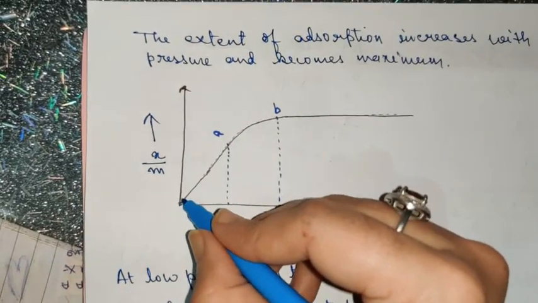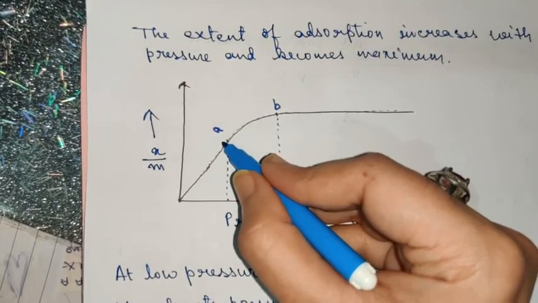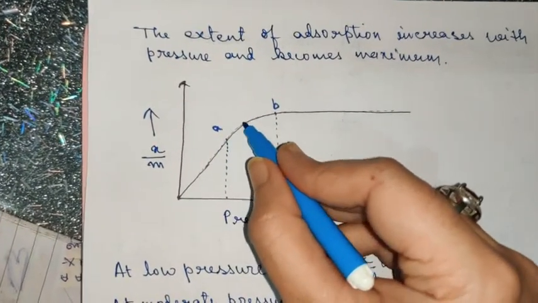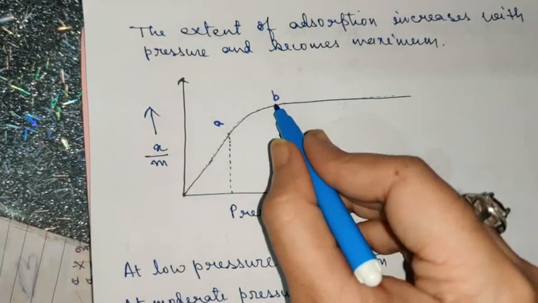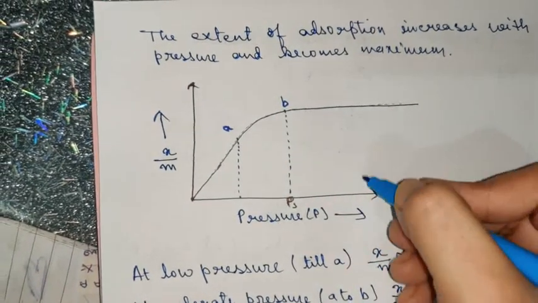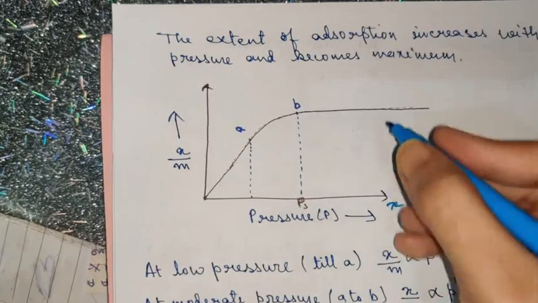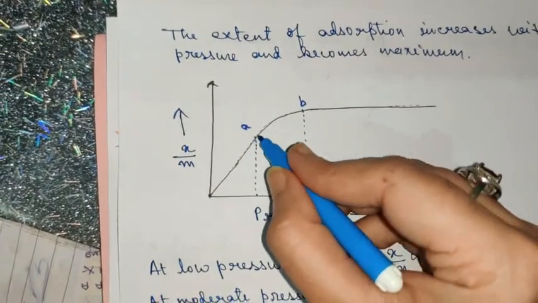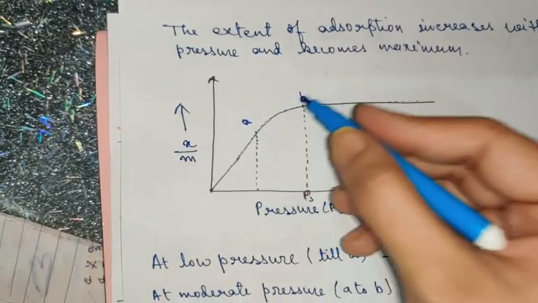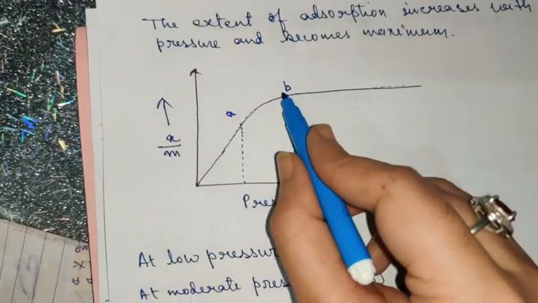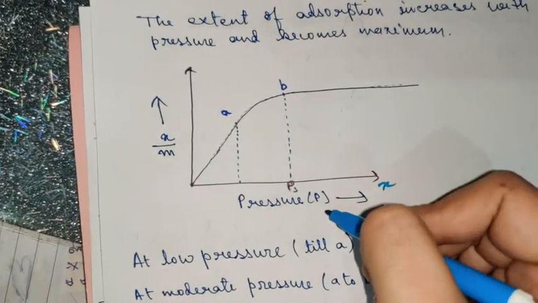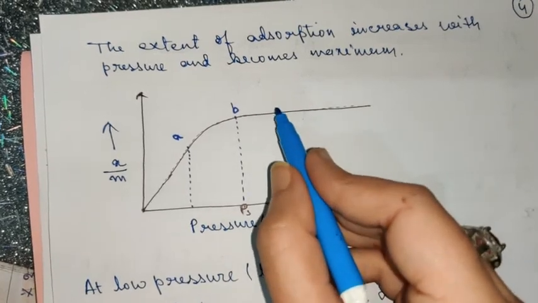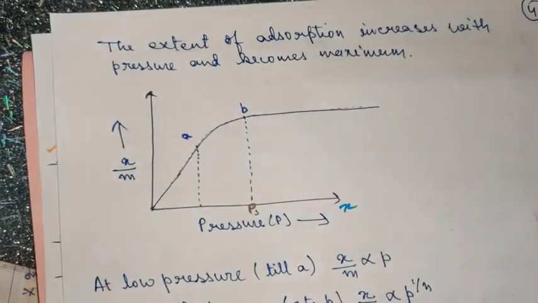It is increasing up to A, and then between A and B it is somewhat becoming lenient. Then after point B, it is almost parallel to the x-axis. This indicates a good increase; the middle region is somewhat unpredictable, and this straight line says that pressure is playing no role further in the extent of adsorption.